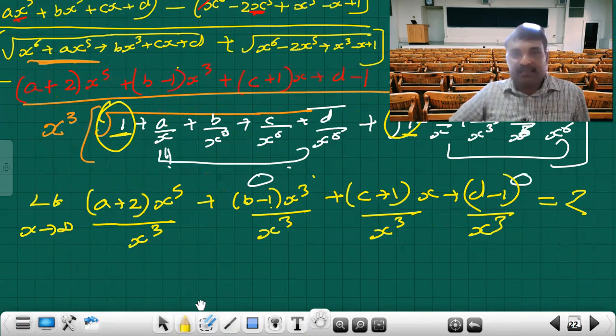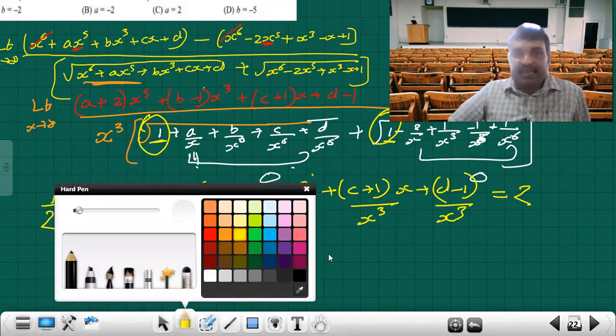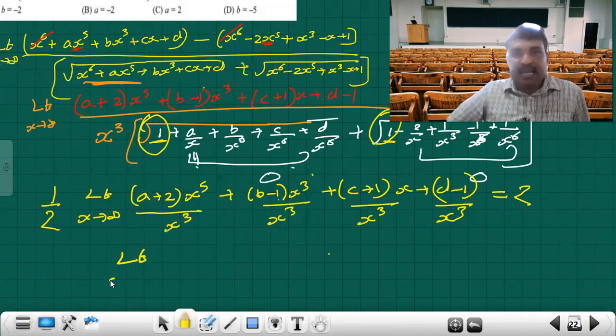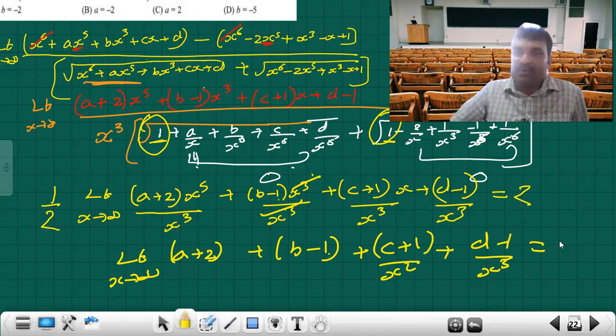So we can write this as limit x tends to infinity of (a plus 2) x squared plus (b minus 1) plus (c plus 1) by x squared plus (d minus 1) by x cubed, that is equal to 2. This 2 can be taken to the RHS, so we multiply LHS and RHS by 2, and this becomes 4, right?